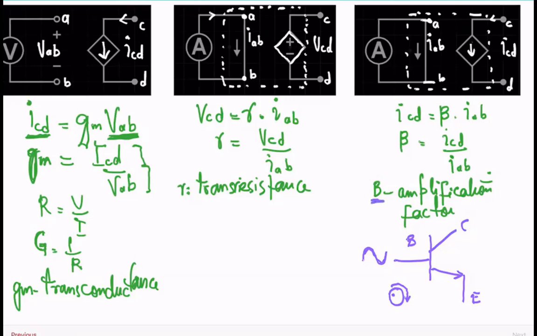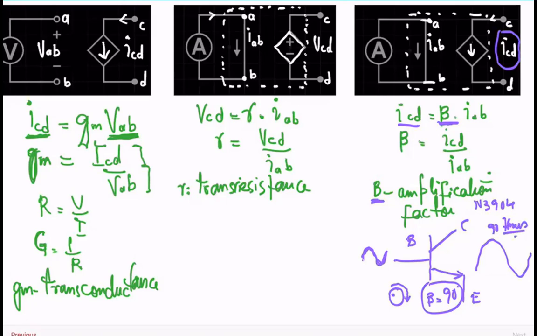And when that beta increases, your ICD, which is the output current, increases. So if this transistor, say this is N3904, has a beta of 90, I'm just giving you a rough example, this current will be magnified 90 times, and this will be 90 times bigger.